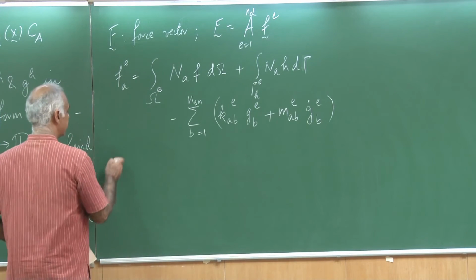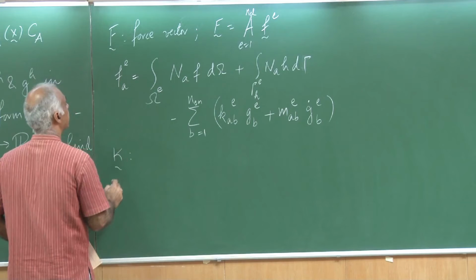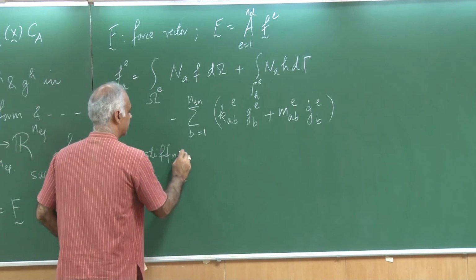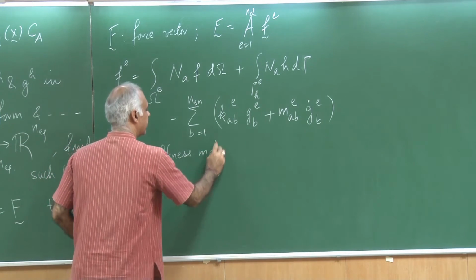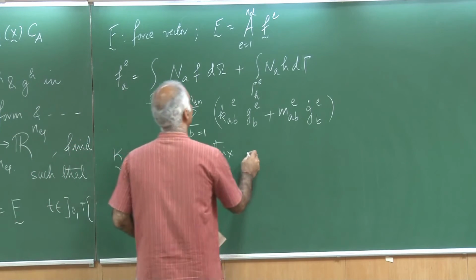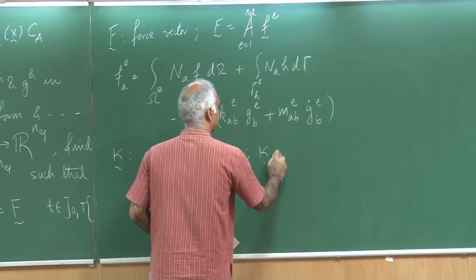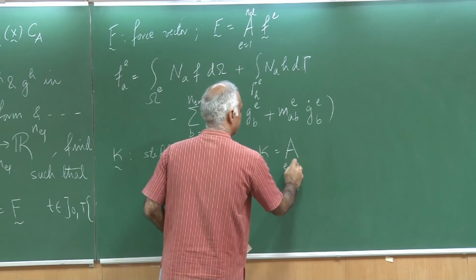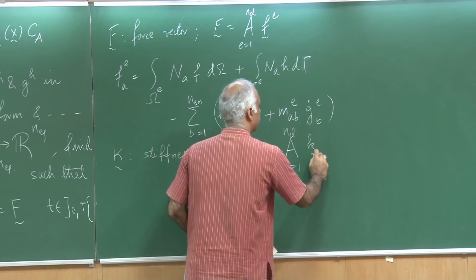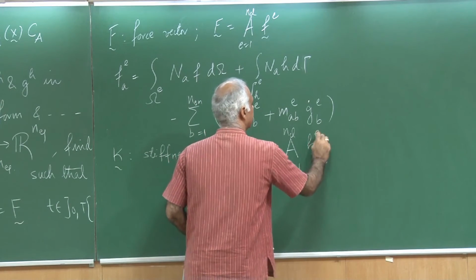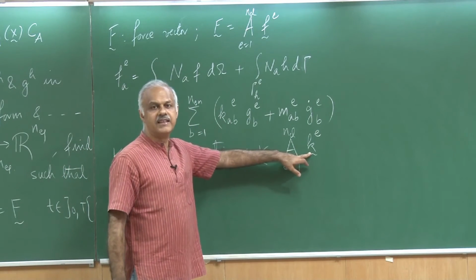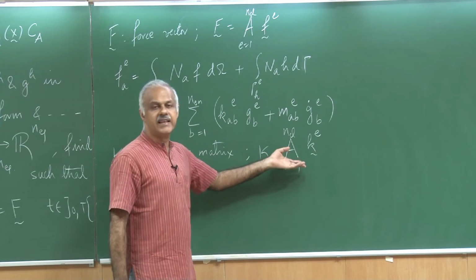Let us look at K. K, as we know, is the stiffness matrix. This we are very familiar with, and this is obtained by the assembly of element level stiffness matrices. So, these are going to be K^e. Of course, you know the size of K^e for the linear heat conduction, it is NEN by NEN.